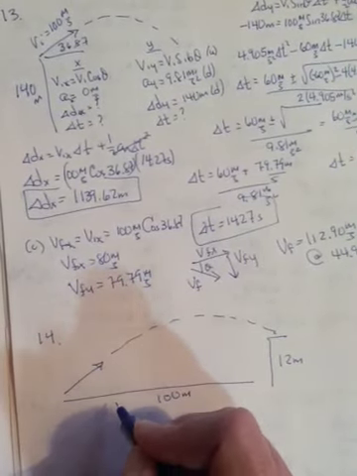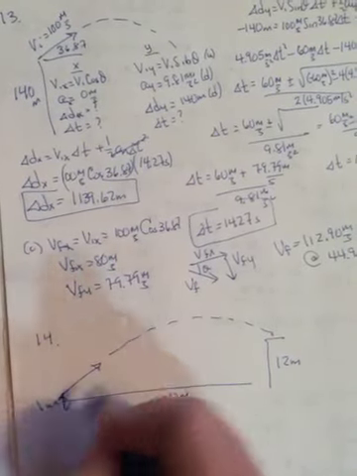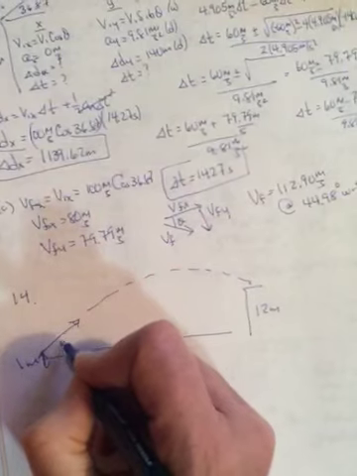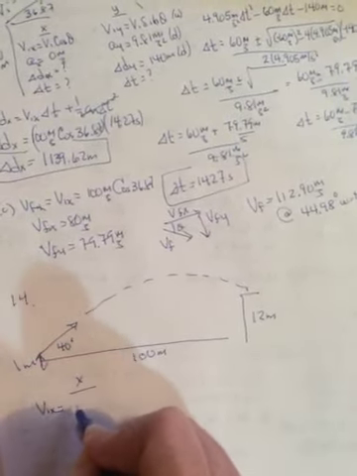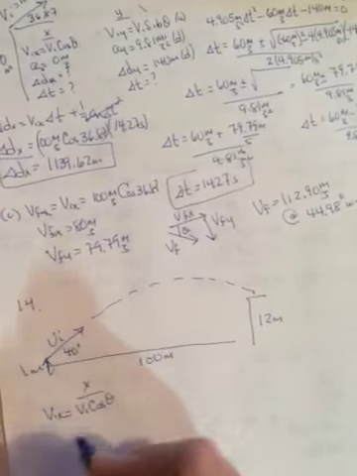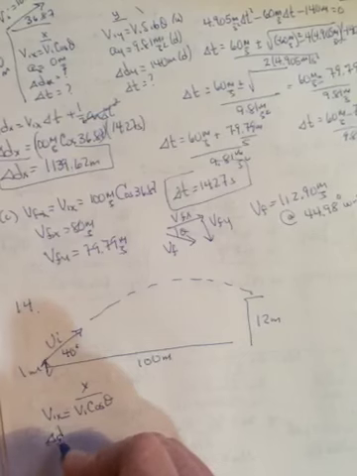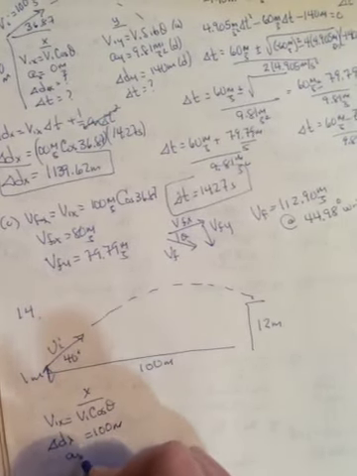What was the minimum speed if the hit was 1 meter above the ground? So this is 1 meter here. And the angle was 40 degrees. So in the x direction, VIX is VI cos theta. Can't find it because we don't have VI. Delta dx, though, is 100 meters. AX is 0.